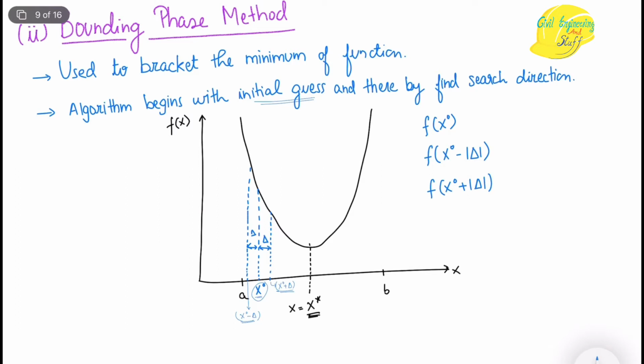If these function values follow a specific relation, that is, if f of x naught is less than or equal to f of x naught minus delta, but greater than or equal to f of x naught plus delta, then our interval delta is positive.